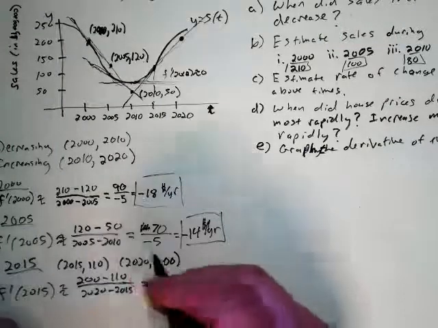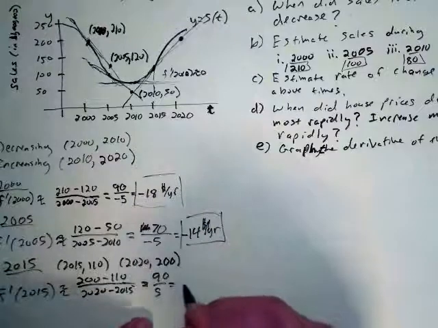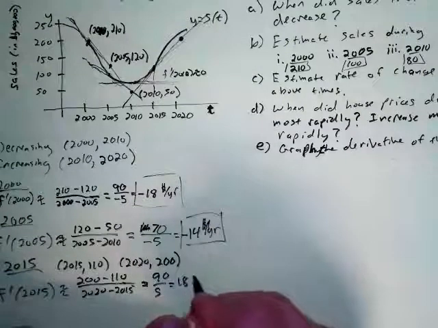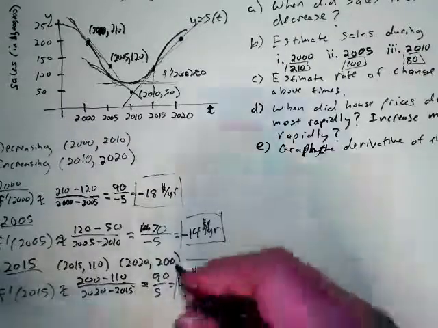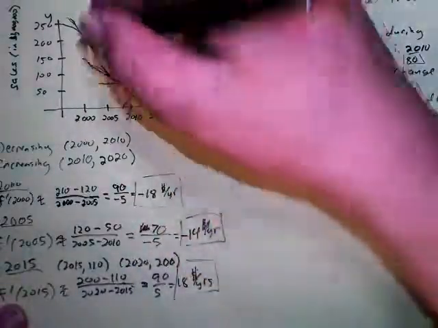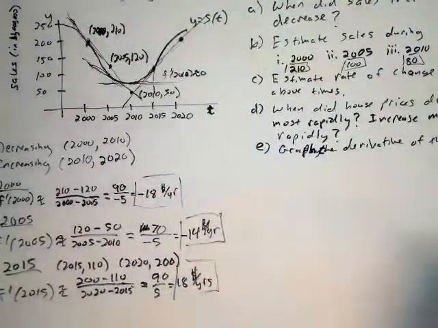And this would be equal to 90 over 5, and that would be the 18, but now it's a positive $18 million per year. So this tangent line is approximately equal to that tangent line, but in the positive direction.